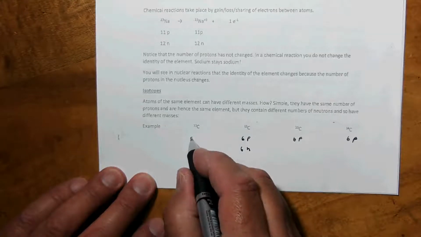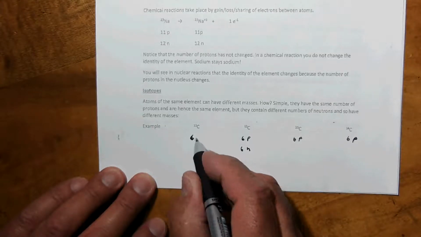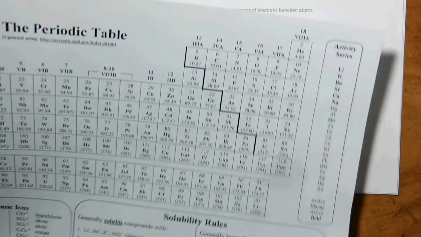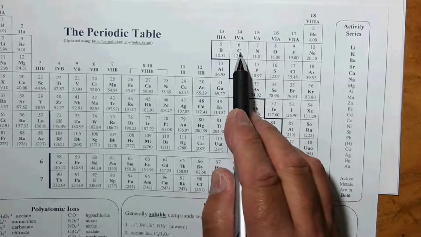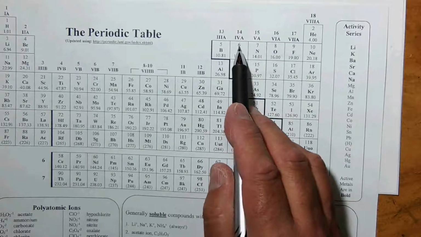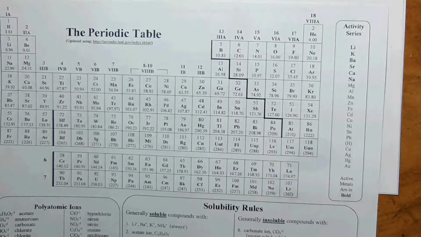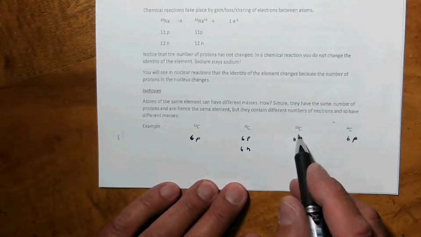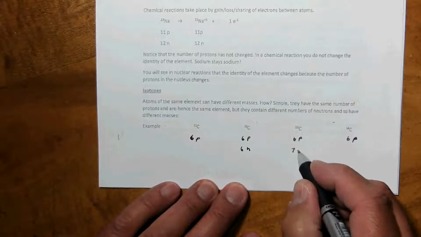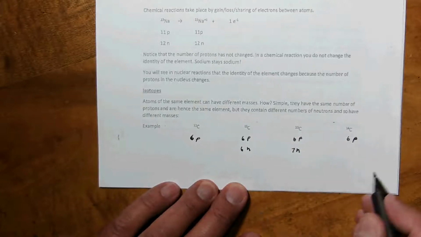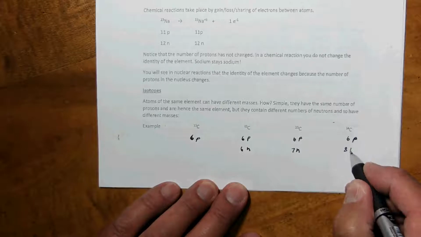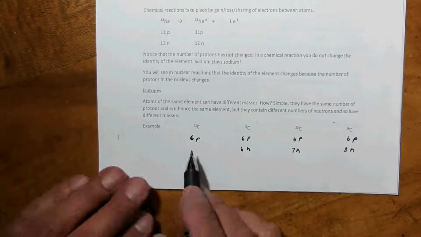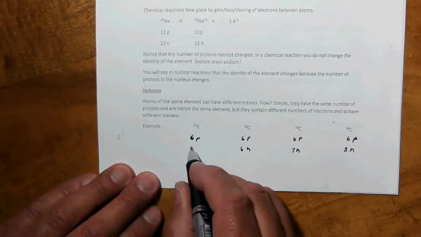Carbon-11 will also have your 6 protons. Now, the difference between them, this one's a little heavier. Why? He happens to have an extra neutron. This one happens to have 2 extra neutrons versus carbon-12. This guy here happens to only have 5 neutrons.